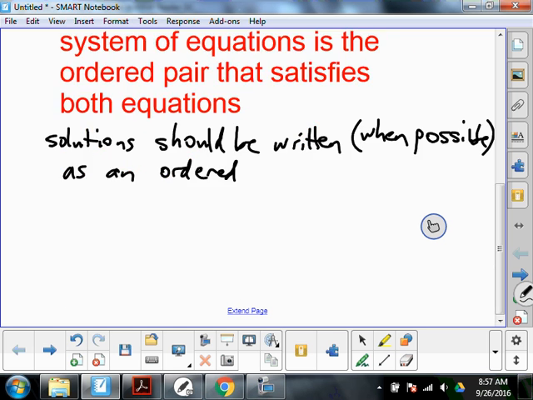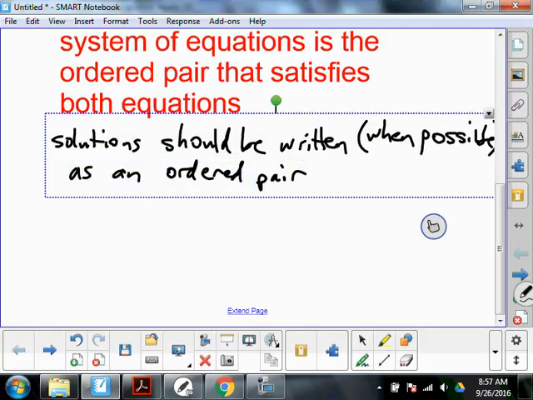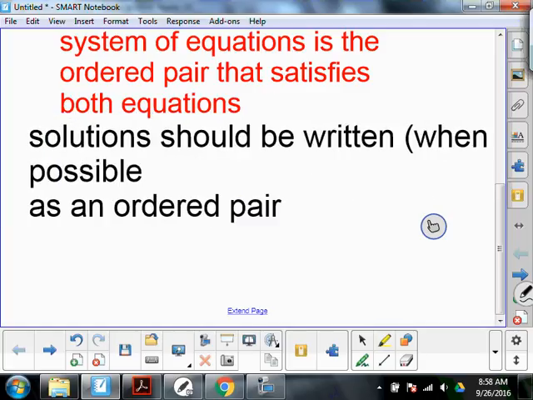So on Friday's quiz, one of the questions might say, explain what the solution to a system of equations is, and be sure to discuss how solutions should be written. Solutions should be written as an ordered pair, whenever possible. That's the bulk of the writing.